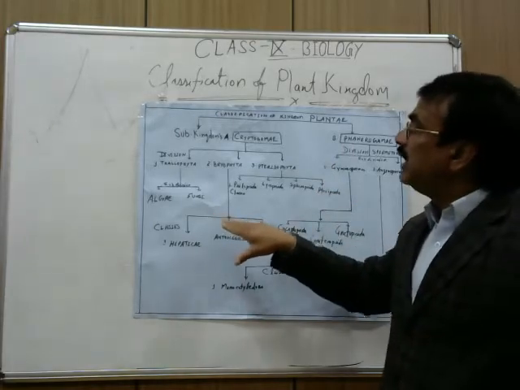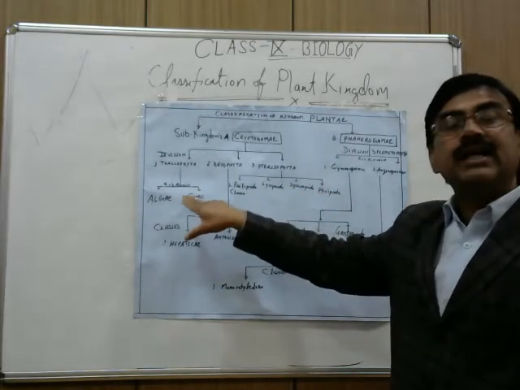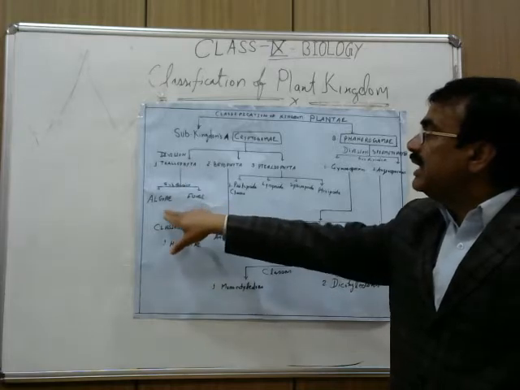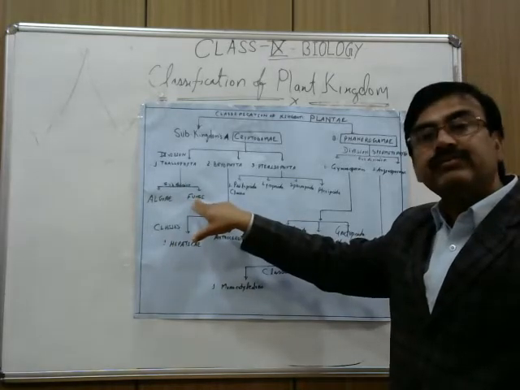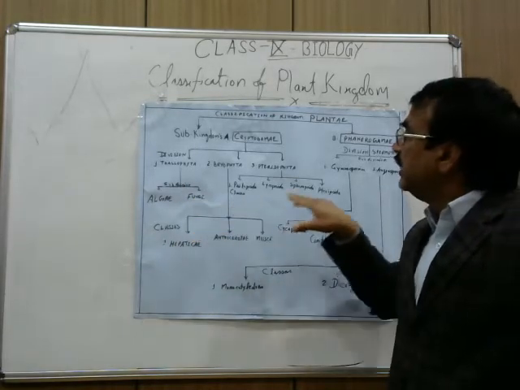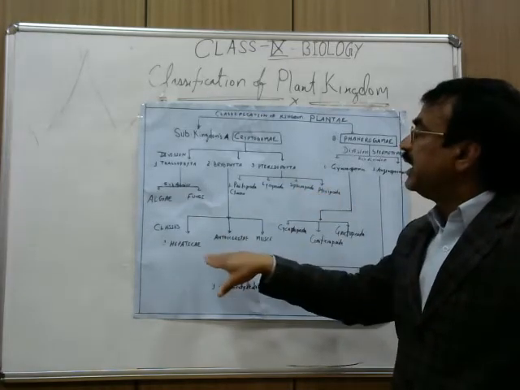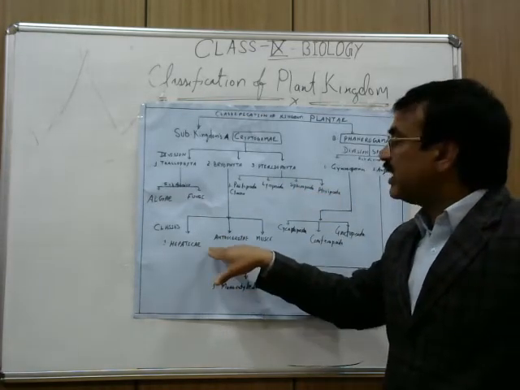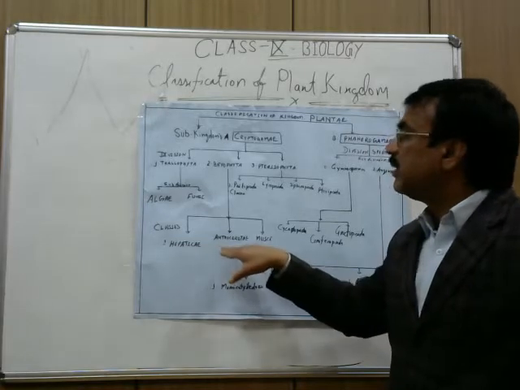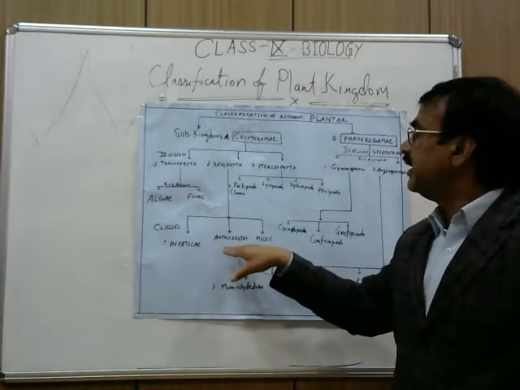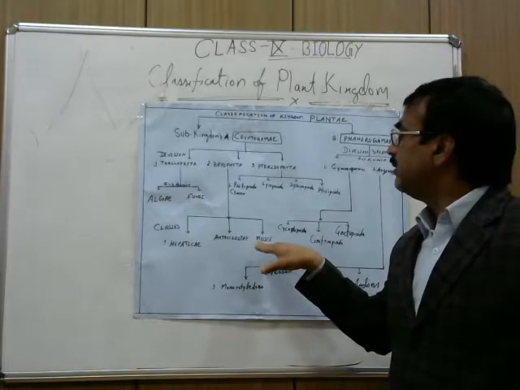When we start with the Thallophyta category, it will be algae and fungi, and in the Bryophyta category there would be three subclasses. You need not remember this, but I am telling you: Hepaticae, Anthocerotae and Musci.